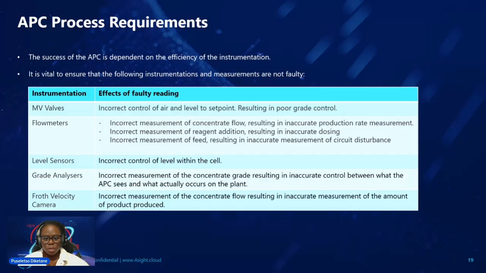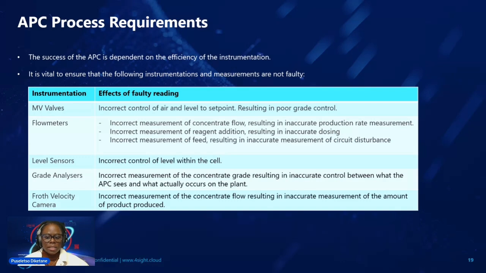So it's also important to ensure that all flow meters that are used within your process are well calibrated so that we can get accurate measurements from them to be able to accurately read your product flow, your reagent dosage, your feed flow, and your air addition within your flotation cells.